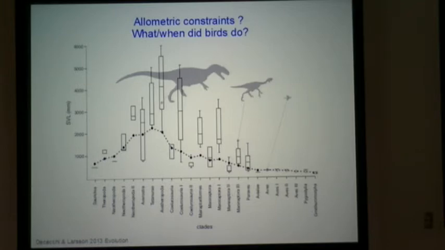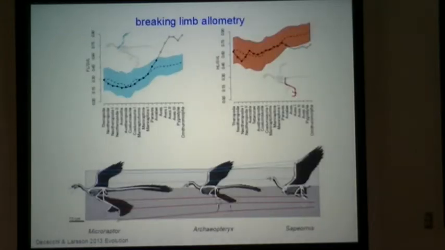And so we very carefully went through trying to come up with phylogenetically corrected allometries, or expected allometries, for the forelimb and the hind limb for this transition. So what this is in blue is a 95% confidence interval about the expected forelimb length to body size for all non-avian carnivorous dinosaurs.